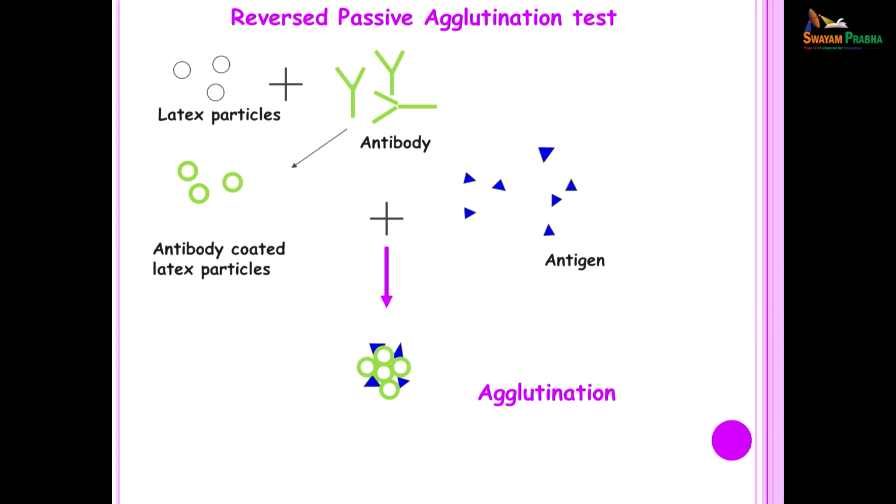Reverse passive agglutination test. Here the latex particle is coated with antibody. Once the antibody covers the latex particles, we add the patient's serum which may contain antigen, and when there is agglutination, it indicates that the particular antigen was present in the patient's serum.